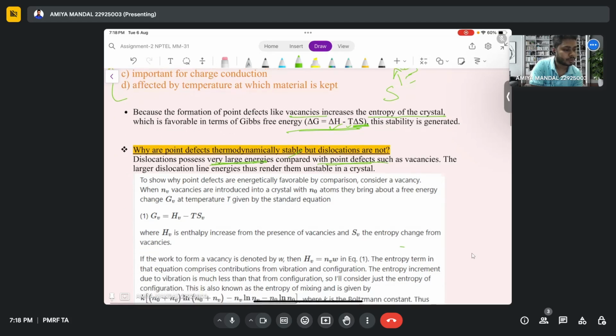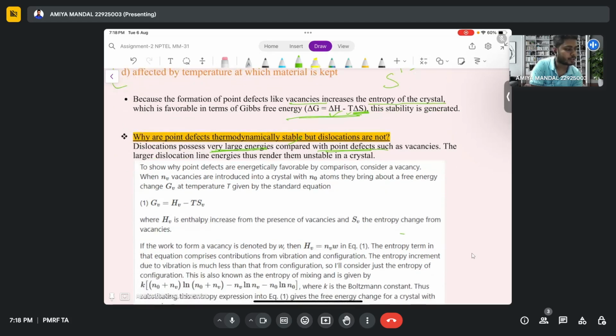So the large dislocation line energies render them unstable in the crystal. If line dislocation occurs, it will be dislocated from this line or from any surface, and much energy will be dissipated. So you cannot consider it.